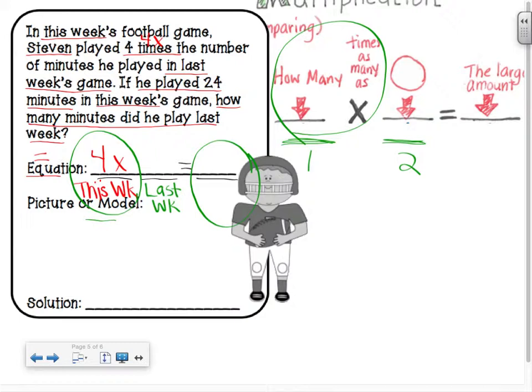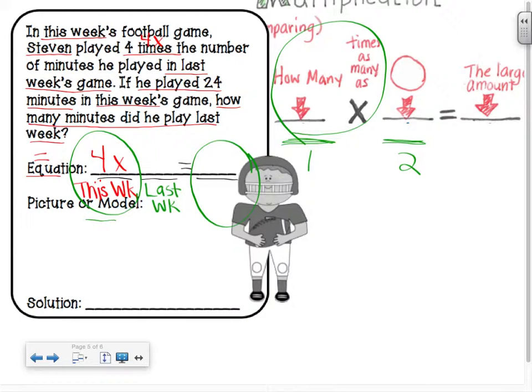There. The answer to 4 times, what 4 times really is, goes where? There. So that means if this is how many minutes he played this week, the real answer of how many minutes he played is right where? There.